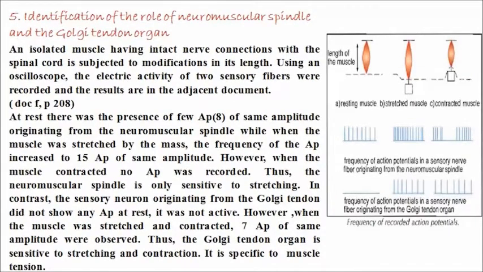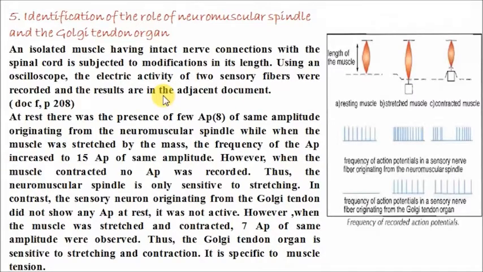Slide 9 is showing here the experiment done to identify the role of the neuromuscular spindle and the Golgi tendon organ. Here, what was done was that they isolated a muscle which is having intact nerve connection. That is, the connections were not damaged. The connections were intact with the spinal cord, and this muscle was subjected to a modification, a change in its length.